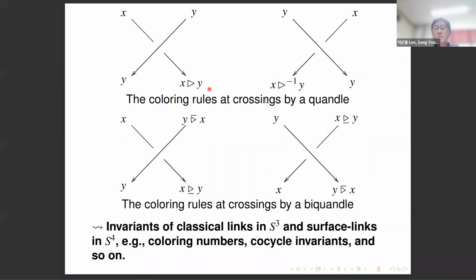Of course, quandles and biquandles also give invariants for surface links in four-dimensional space, by using a similar coloring rule for a broken surface diagram of the surface links.